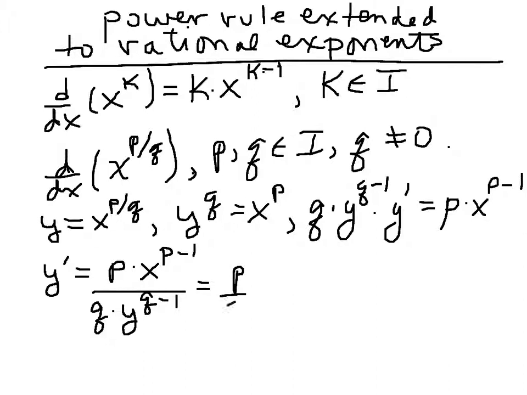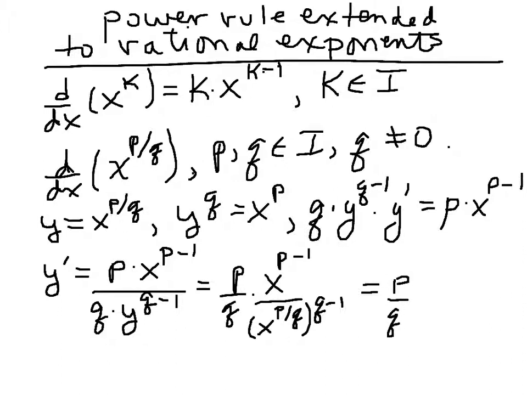I'll write this as p over q times x to the p minus 1 over x to the p over q raised to the q minus 1. And I can write that as p over q times x to the p minus 1 over x to the p minus p over q. Trust me on that.